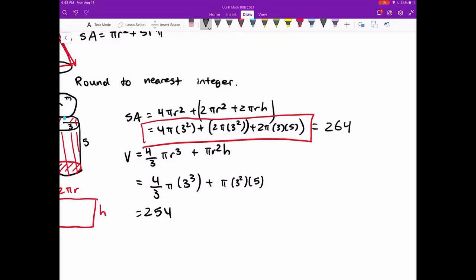Height times circumference. Well, we kind of have the two parts. 2 pi r is the circumference times the h, which is the height. It is height times circumference.